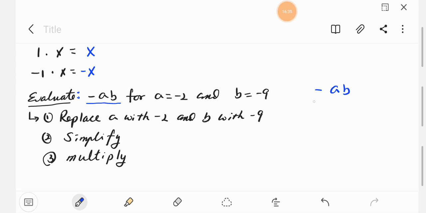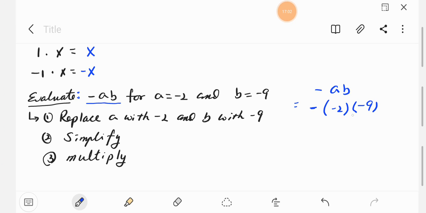The first step is to replace the variable a with the given number -2. Negative stays here. So why don't we put parentheses around -2 to replace variable a, and then replace variable b with -9. So put parentheses around -9. We just replace the variables with the numbers.